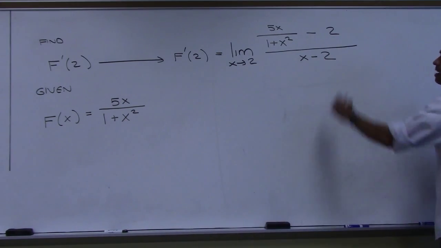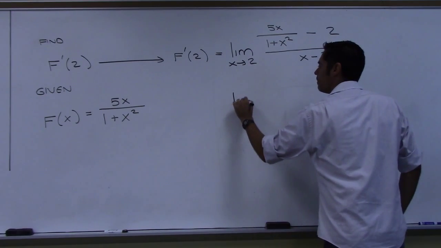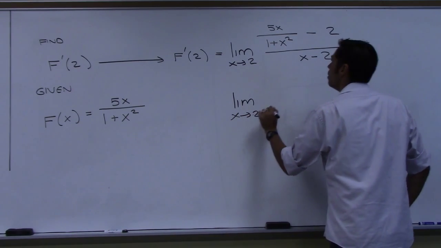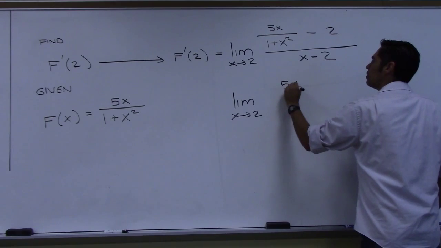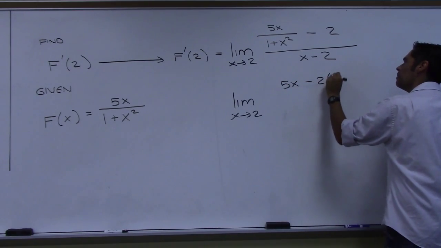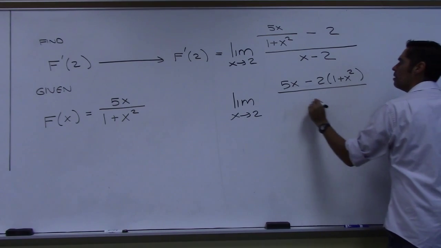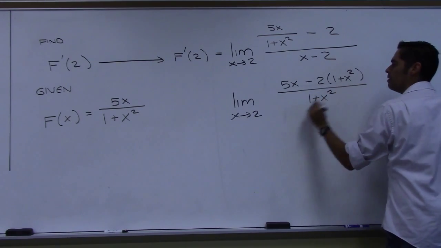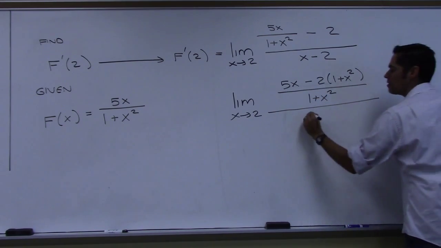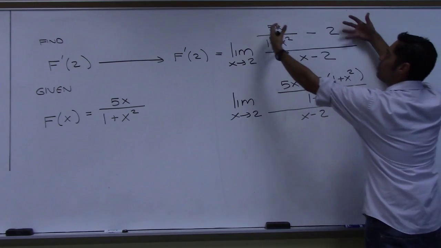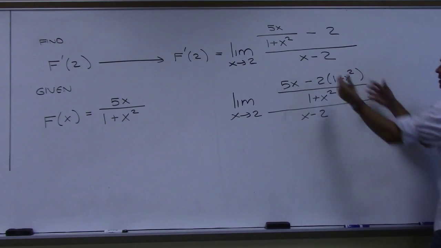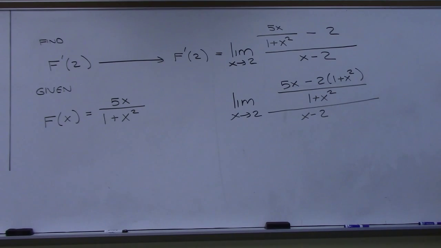All right, so common denominator here, limit, x approaches 2. Let's see, we'll have 5x minus 2 times 1 plus x squared over 1 plus x squared over x minus 2. So I put these two together like that, and I'm hoping for some good cancellation.